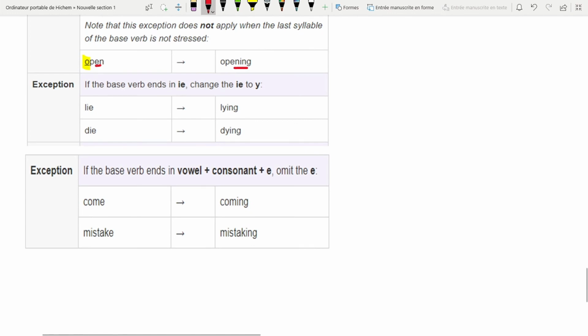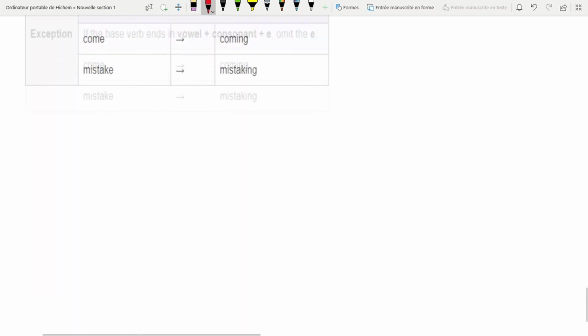If the base verb ends in IE, we change the IE to a Y. For instance, lie, it becomes lying. We lost the IE, right? It becomes a Y. Same thing with die becomes dying, okay?